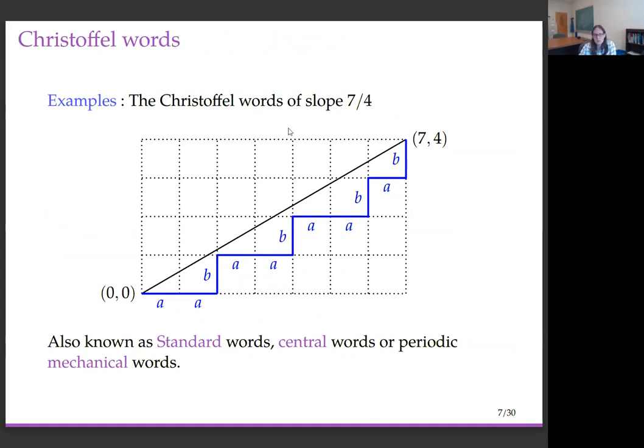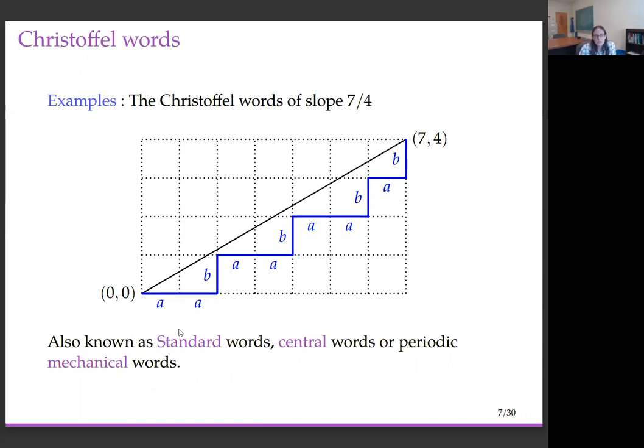Christoffel words are the words that encode or represent a line with rational slope. For example, here we have the line with slope 7/4, and you see that the word AAB AAB AB is the best approximation of that line in the discrete plane, and this is the Christoffel word associated with that line.